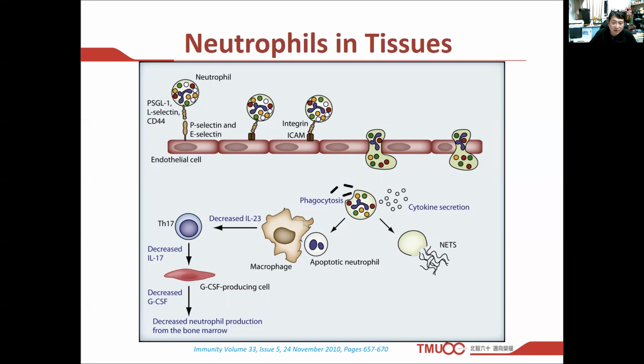Okay, then the neutrophils arrive in the tissue and start phagocytosis, cleaning up the mess in the tissue, and also will release cytokines, which will kill the pathogen.